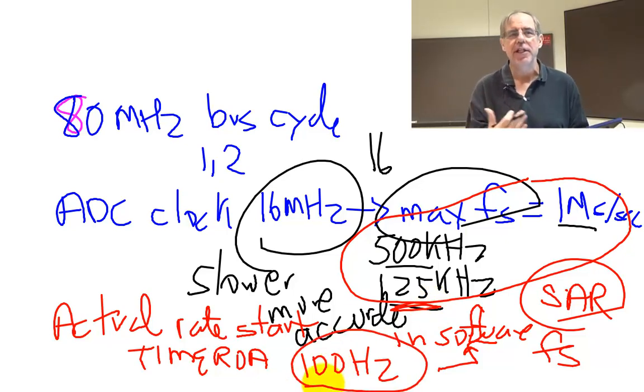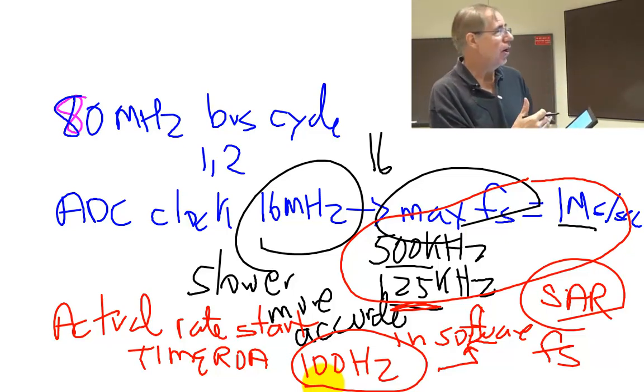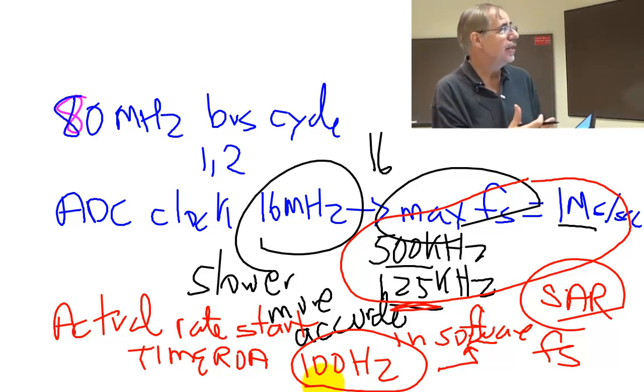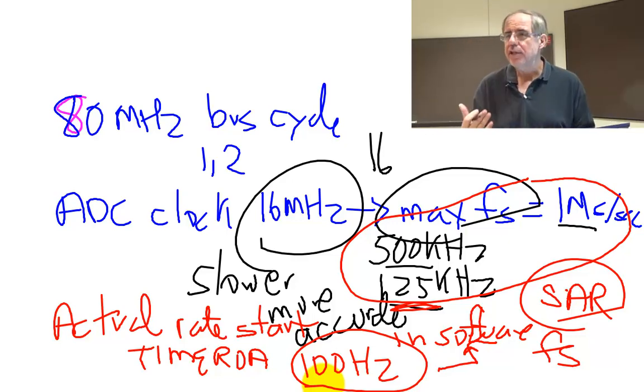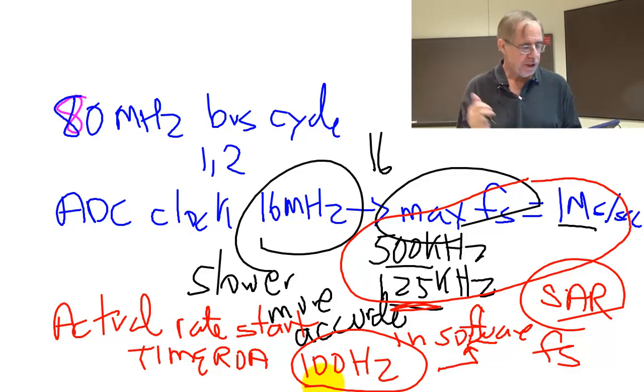So this is a good example of turning on that hardware averaging register and collecting in hardware 64 samples averaged together. Get one interrupt when it's done. This is a great chance to do that.